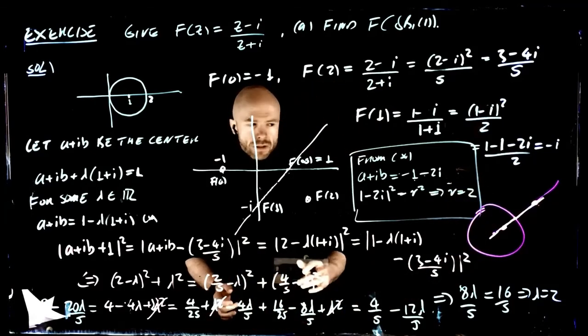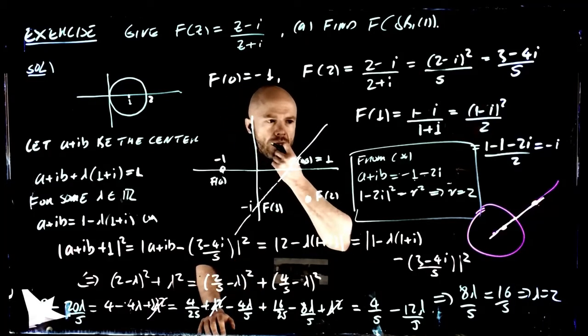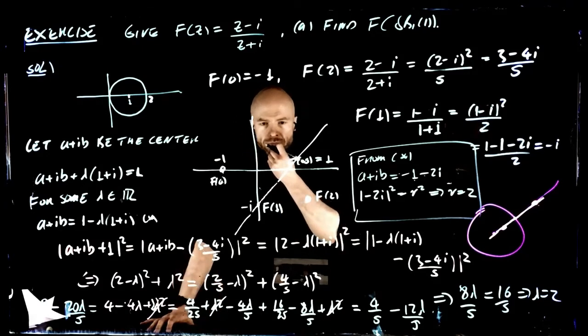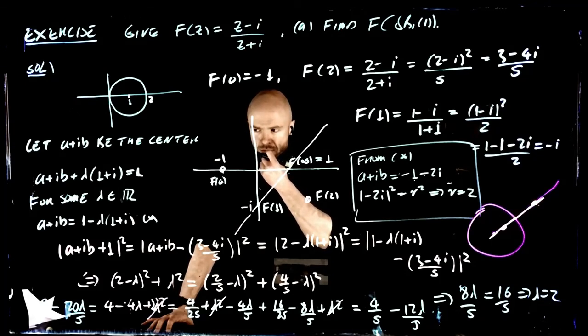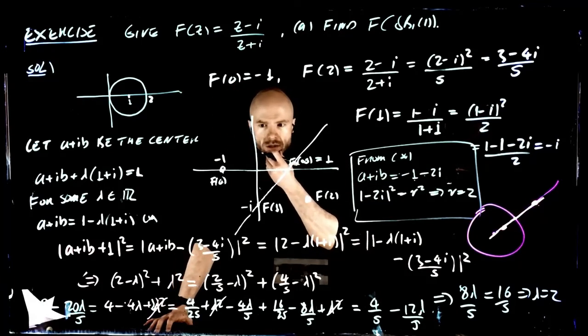Okay, so it seems that we are with a circle of radius 2 centered on minus 1 minus 2i.